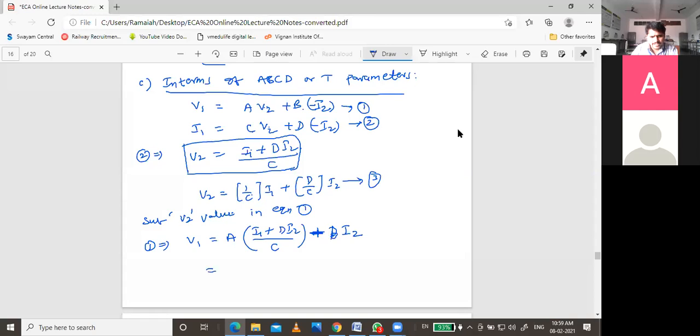Now here you take I1 common, A by C is the I1 coefficient, plus now take I2 common.